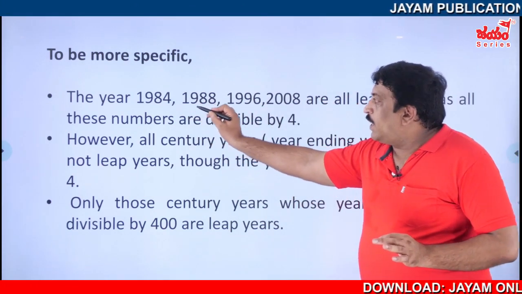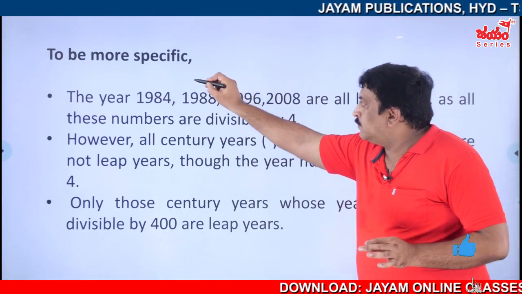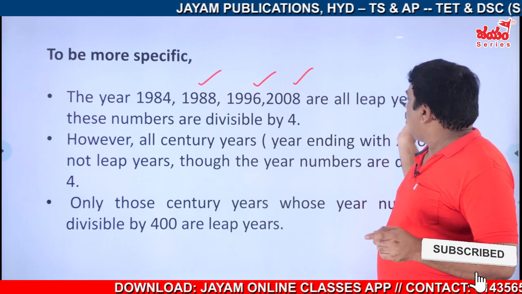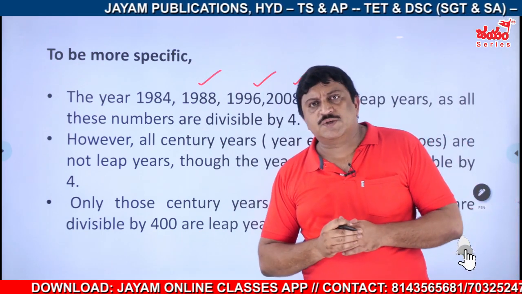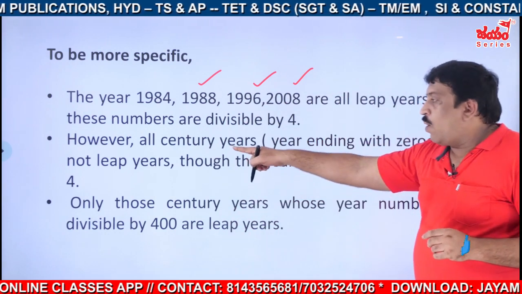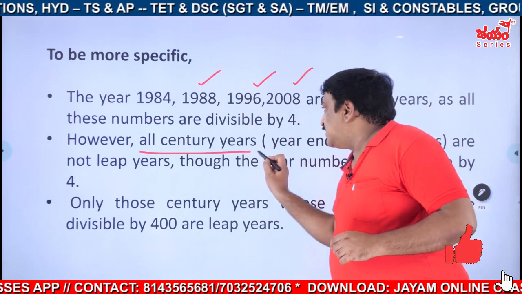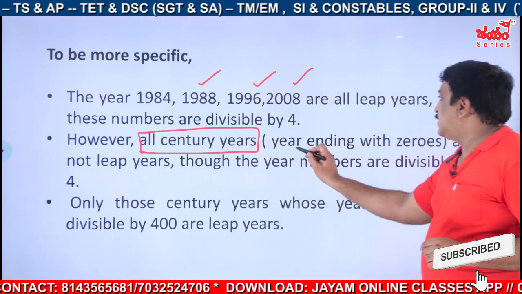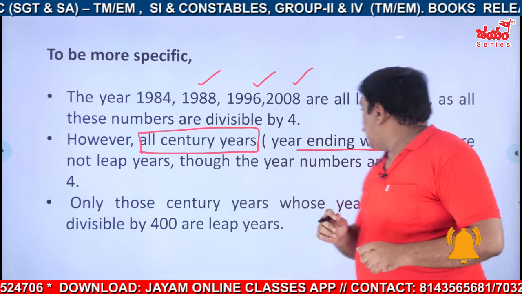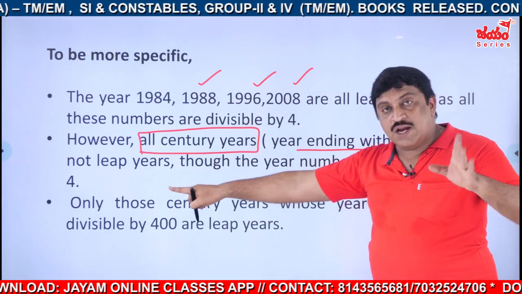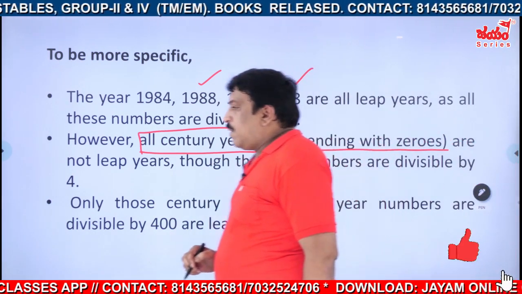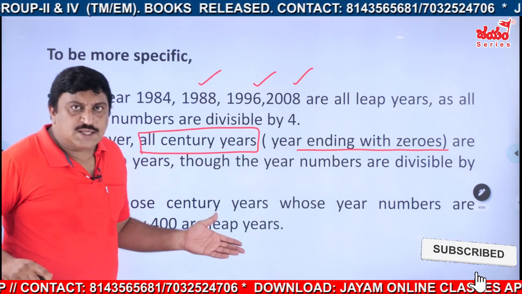The years 1984, 88, 96, 2008, they are all leap years. All these are divisible by 4. That's why they are leap years. However, all century years, years ending with two zeros, are not leap years, though their year number is divisible by 4. That's what I said.